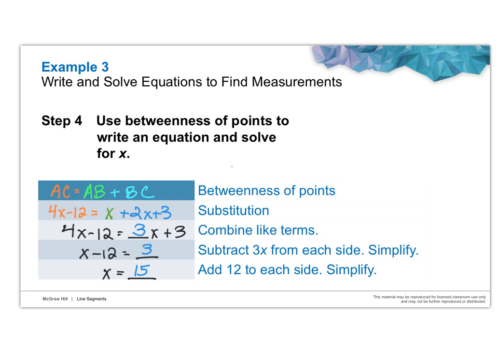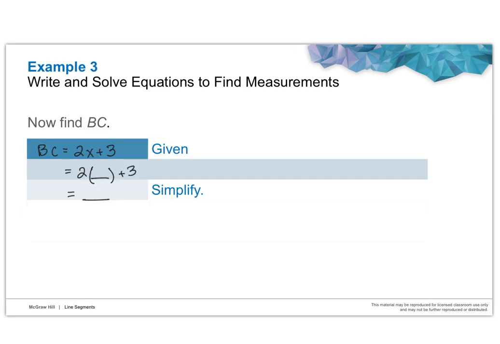So once we know x equals 15, we go back to the expression for the measure BC, which was 2x plus 3, and substitute in our value for x, which is 15. Then we do the arithmetic to get our final simplified answer. Multiplication before addition: 2 times 15 is 30, plus 3 gives me 33.